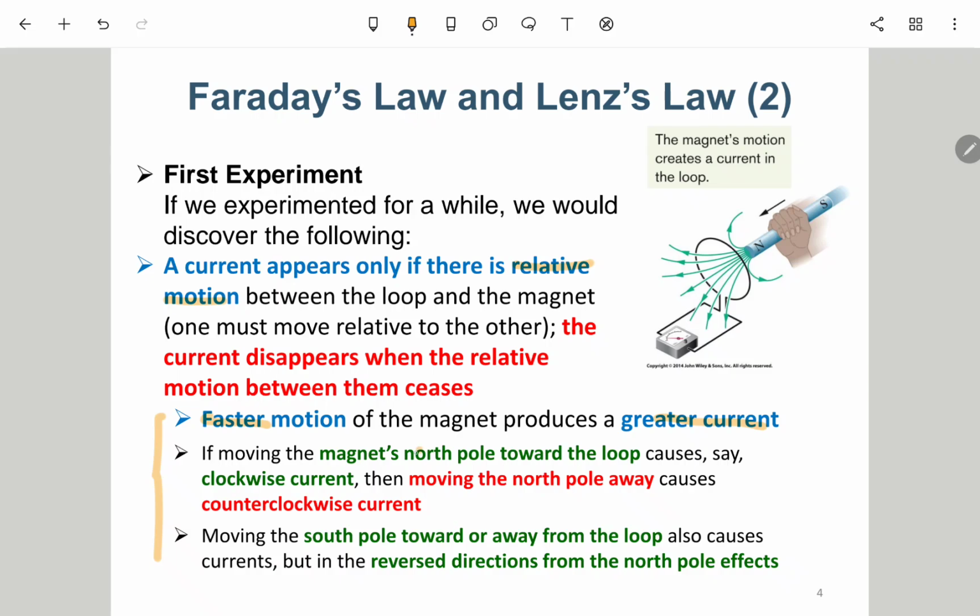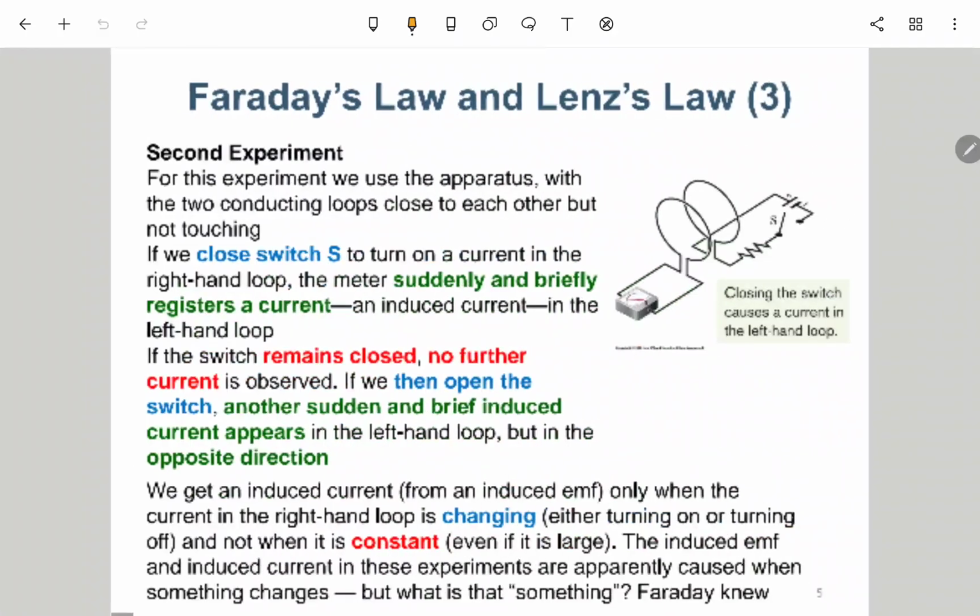Moving the south pole towards or away from the loop causes a current in the reverse direction from the north pole effect. So these are some observations.